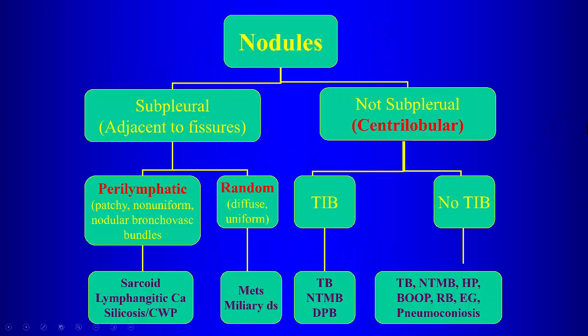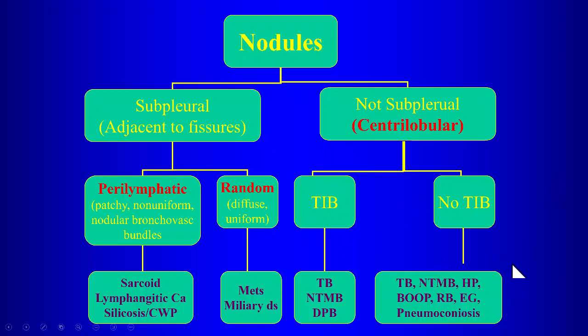So there's this very nice flow chart that took me, you wouldn't believe how long it took me to make up. You don't know how hard it is to make up these flow charts in PowerPoint. But anyway, if you have nodules, you ask yourself, are they touching the pleural surfaces? Yes or no? No. Centrilobular, there we think infection. Is there tree-in-bud? Yes. Then we think TB, atypical mycobacterial infection.